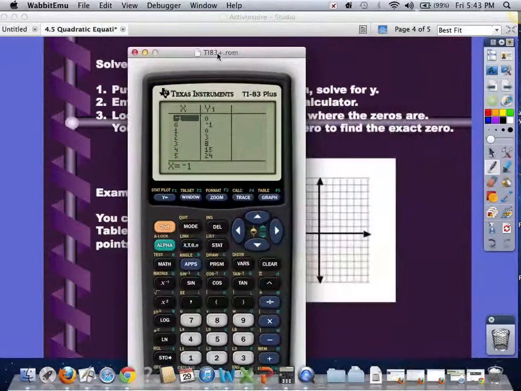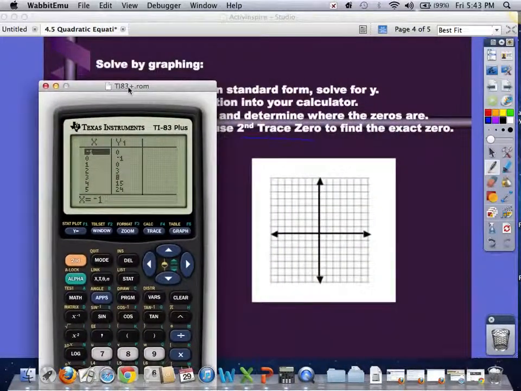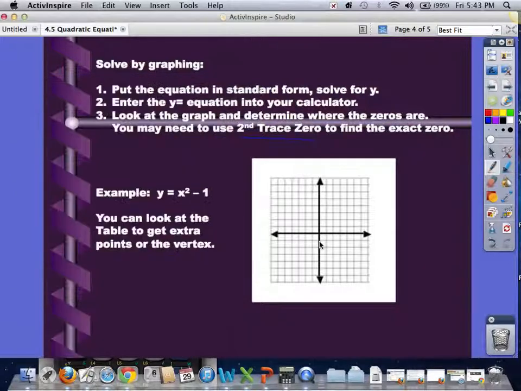Okay? If you want the vertex, you can find that also from your table. So this one is going to graph with a point right here. My vertex is right here. And my zeros, or my solutions, or my intercepts are right here, because these factors became x -1, x +1, because we know this is a difference of squares.